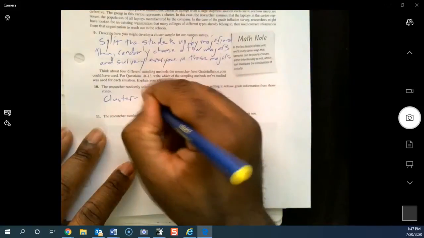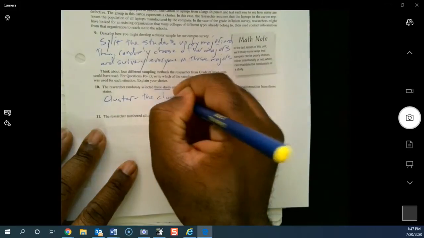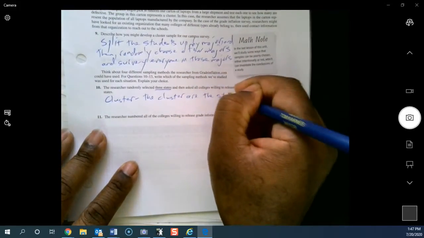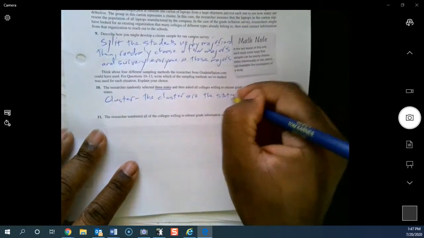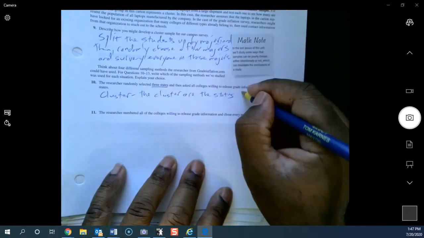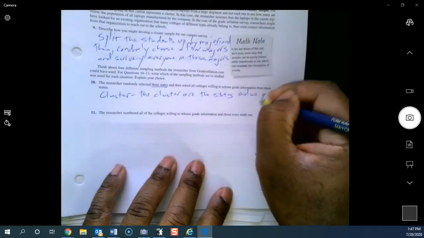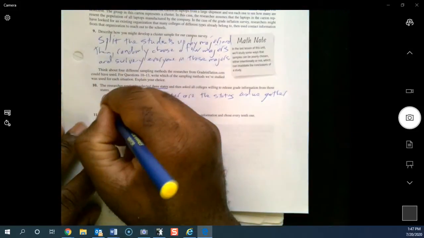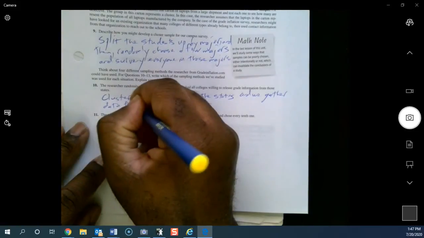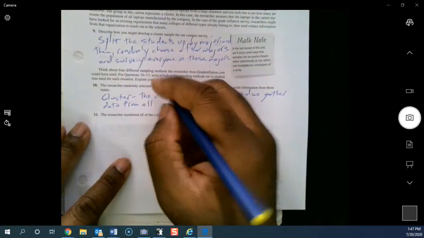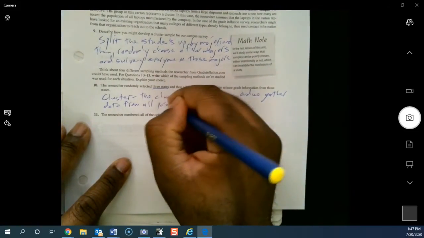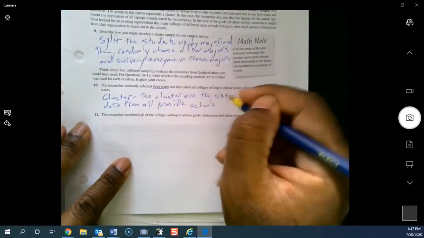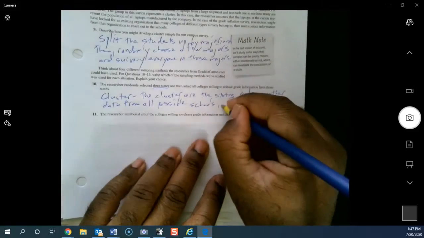The clusters are the states. And we gather data from all possible schools in the selected states.